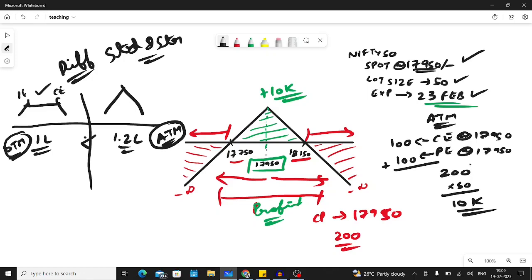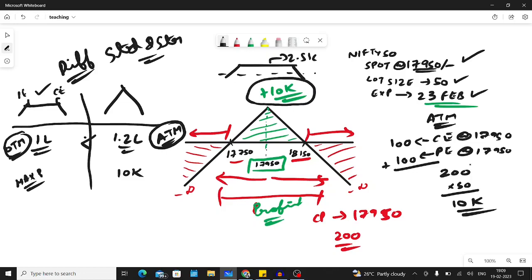Now let's see what is the maximum profit which we can make in straddles and strangles. So in straddles, the maximum profit is 10,000, right? And if we take a strangle, the maximum profit would be somewhere around 2.5k. But the major difference here is this 10,000 will only be achieved if the price expires at 17,950.